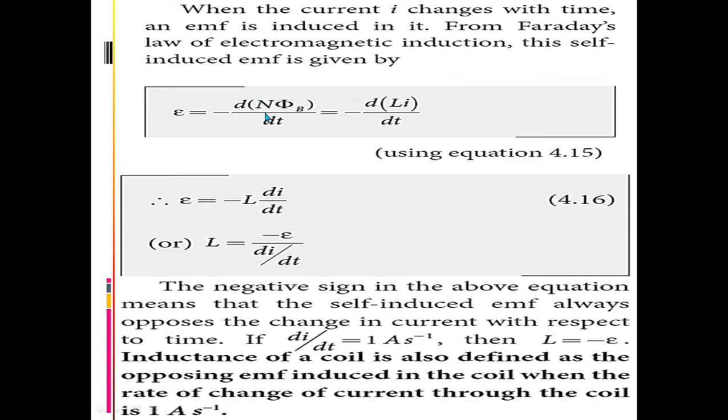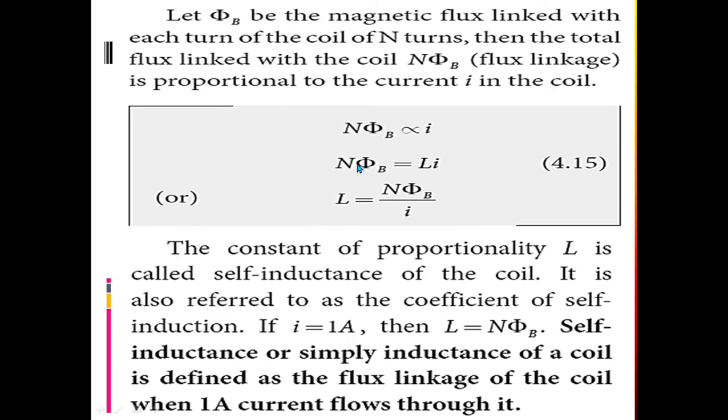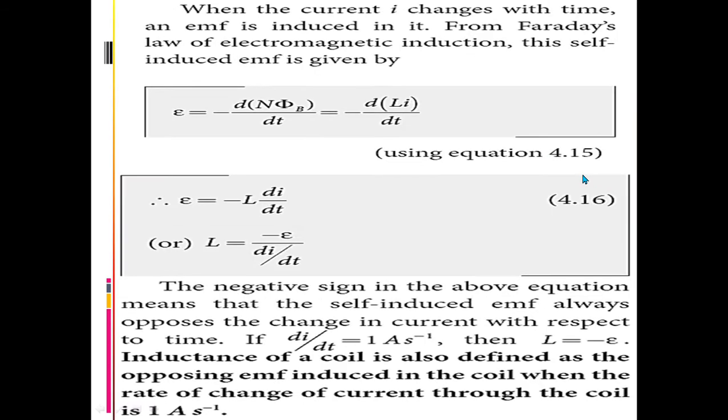From Faraday's law of electromagnetic induction, this self-induced EMF is given by the formula we already know: epsilon is equal to minus d N phi B divided by dt. Here N phi B is nothing but L I from equation 4.15, so it can be replaced as minus d(L I) divided by dt. Here L is a constant, the proportionality constant, that is, the self-inductance.